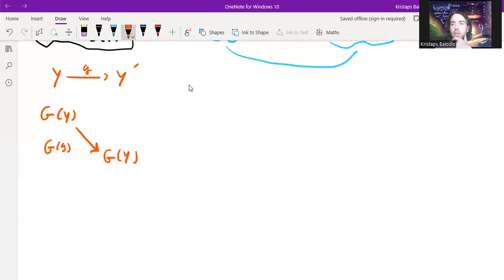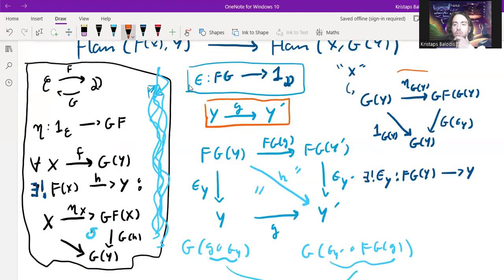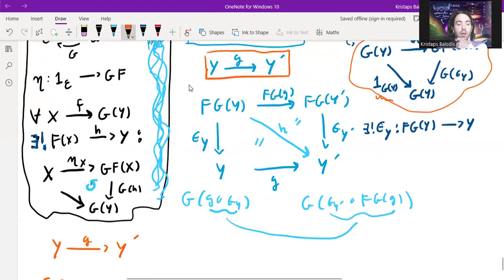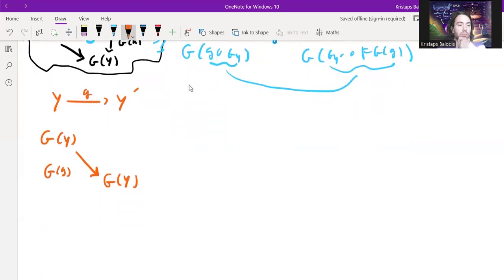And now, just like I did before in the definition of epsilon sub y, I basically just took this diagram and plugged in x for Gy. I'm going to do the same thing again, except instead of the identity map here, I'm going to have big G applied to little g, right?